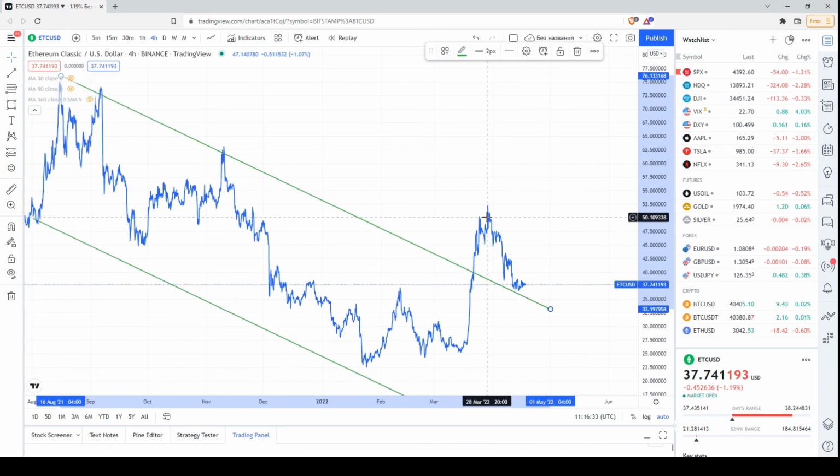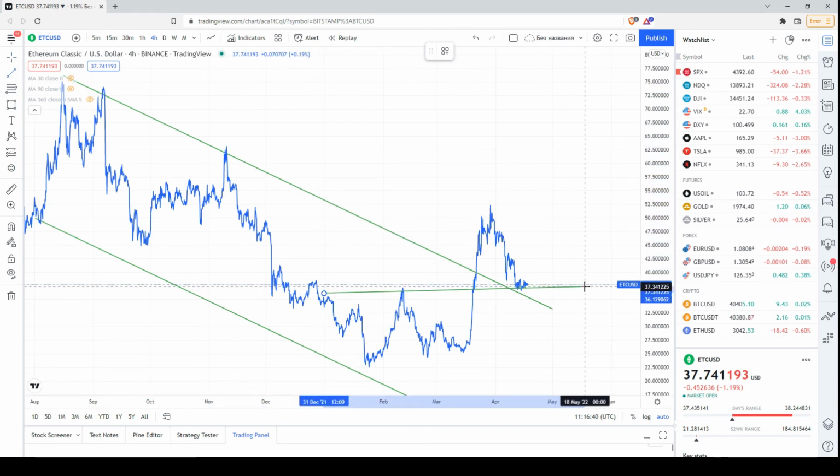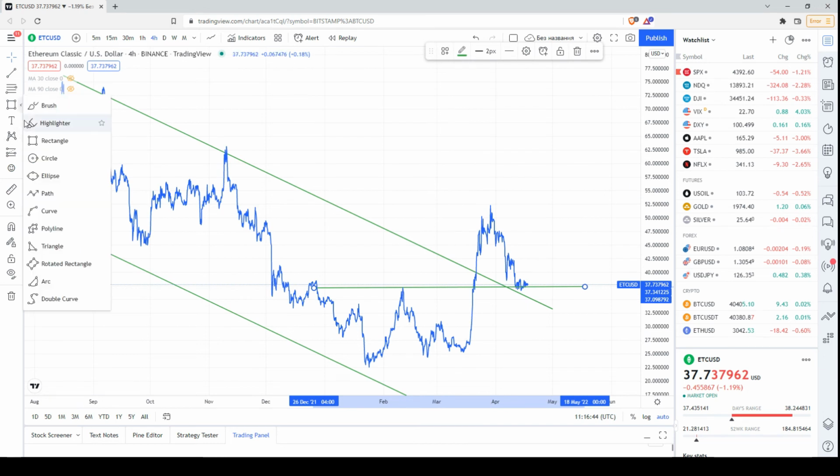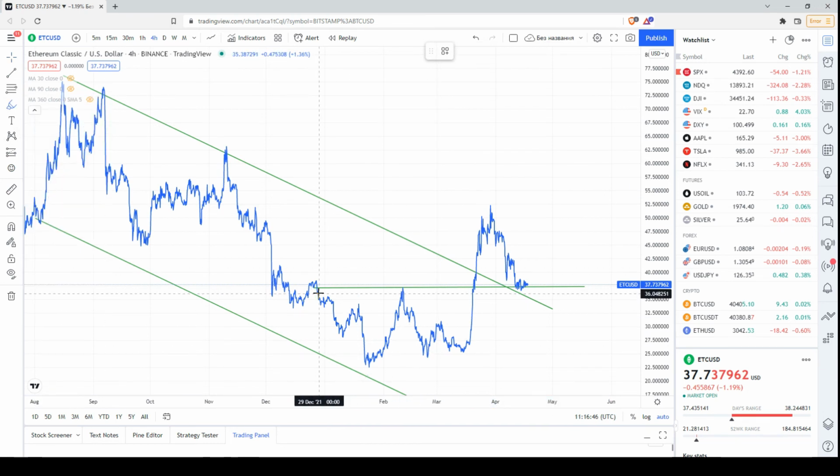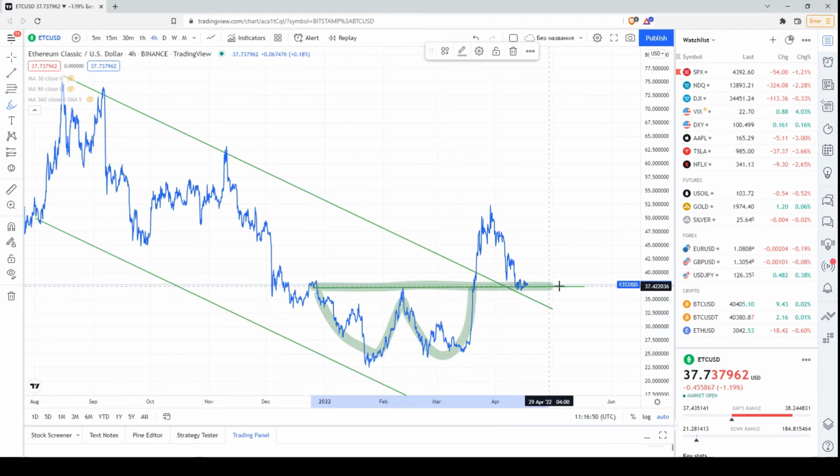Definitely this local high is above this one, so now we're at the support. So let's say that this is the double bottom. So let me draw some kind of double bottom here. So this is the support line.